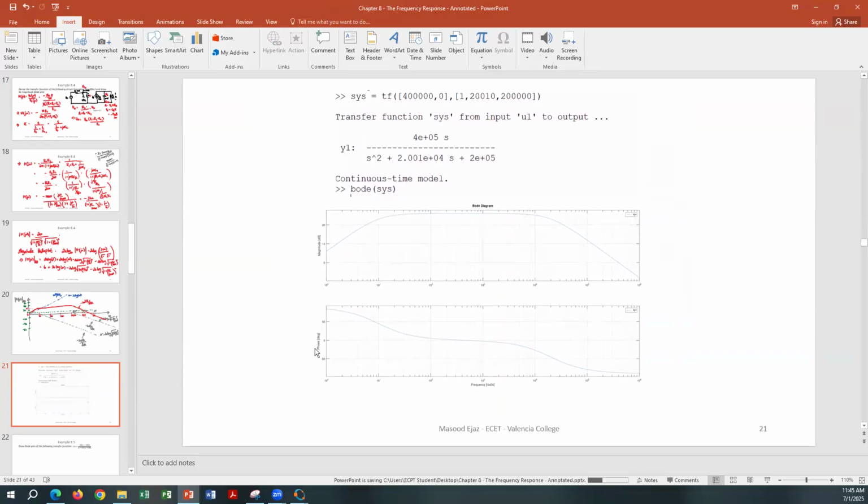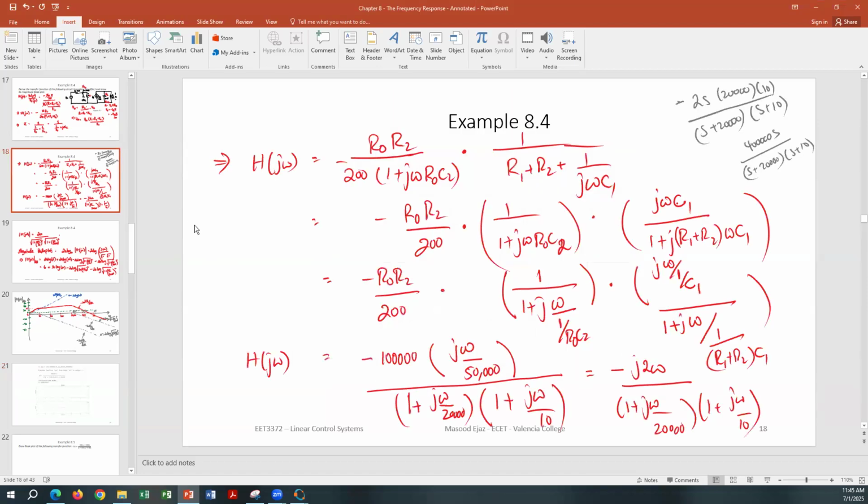The other thing that you can do, of course, you can use bode, but for bode you have to write the function in terms of s, as I did on this slide, polynomial over polynomial.